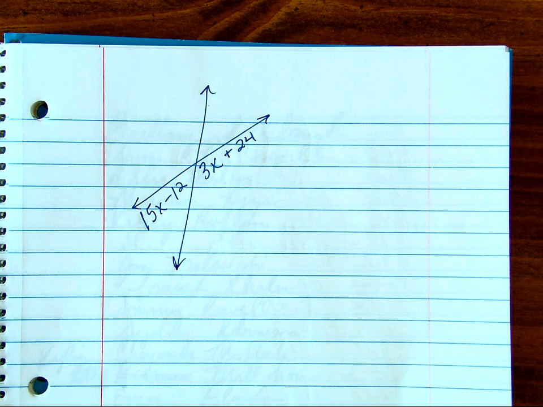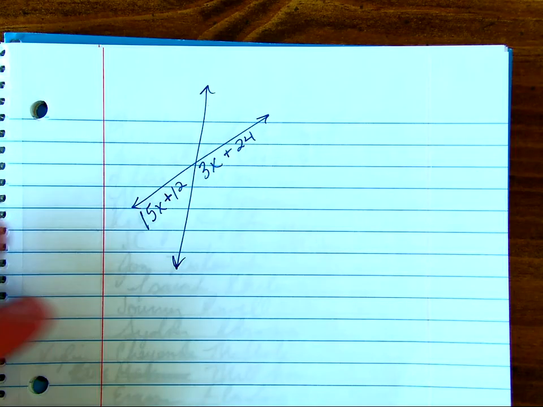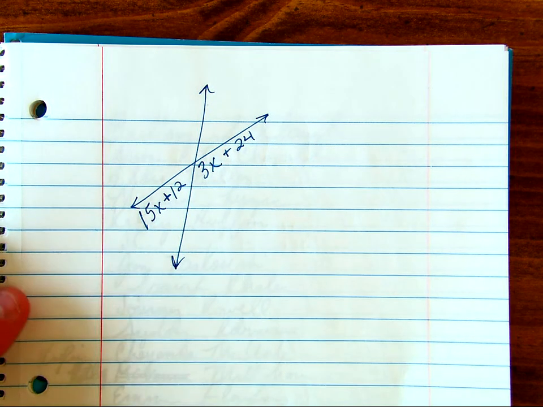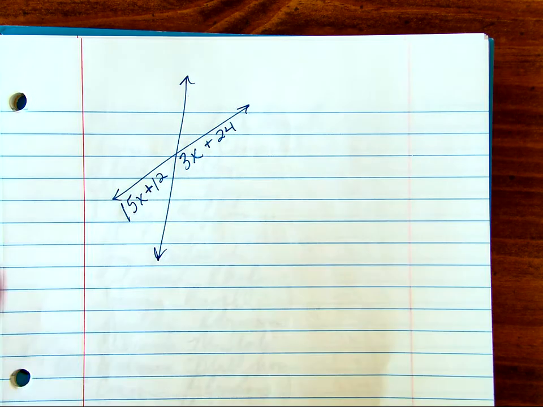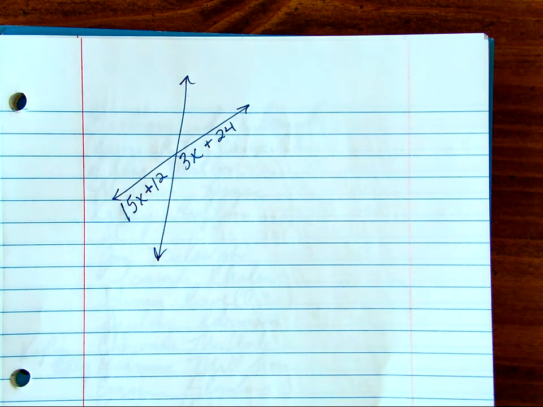Oops, sorry guys. That should be 15x plus 12. Am I going to set these two expressions equal to one another, or am I going to add them and set it equal to 180? Christian? Correct.